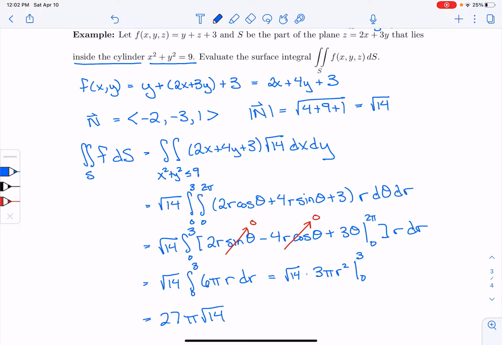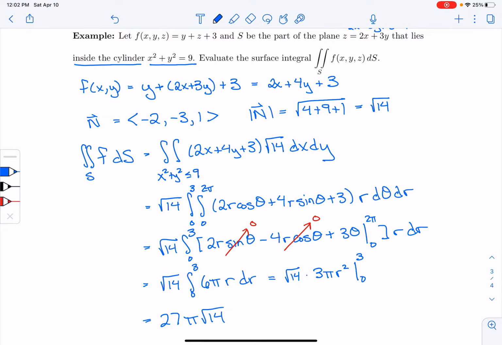And when I evaluate at 0, I'm going to get 0. So this integral, which could represent, say, the mass of that part of the surface if f represents the density, this surface integral turns out to be 27 pi square root of 14.